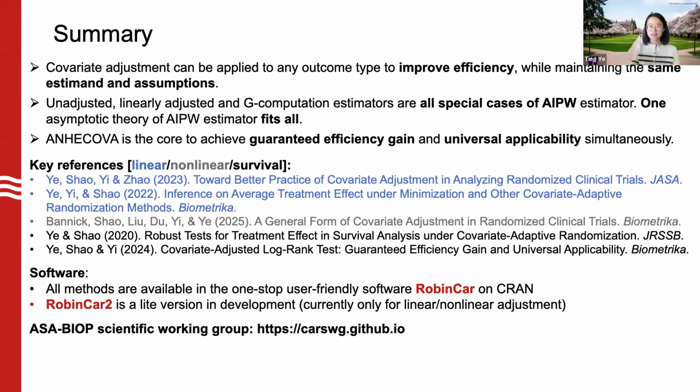Yeah, thanks, Dong. That's a very good question. For stratification, usually I see two types of variables. One is variables that are thought to be most prognostic to the outcome. If it's continuous, then of course we need to discretize it.